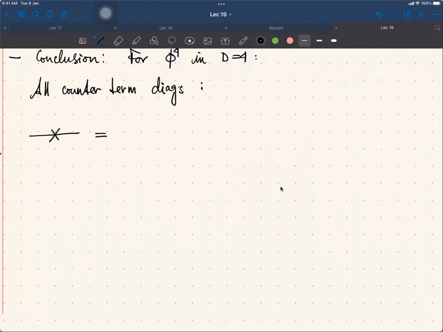So I have used a cross vertex for 2-point counter terms.